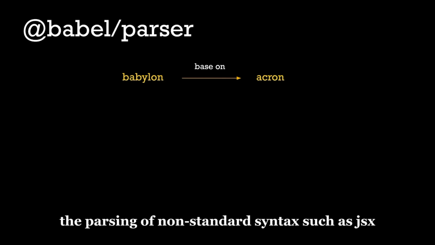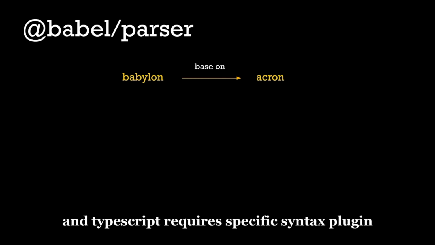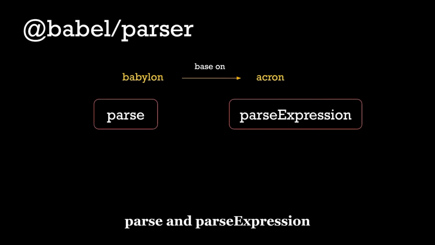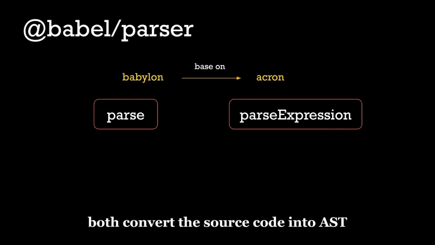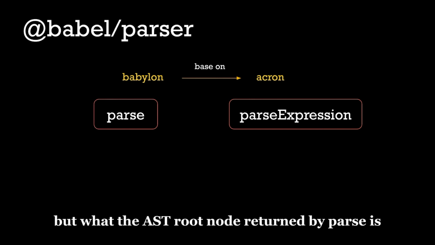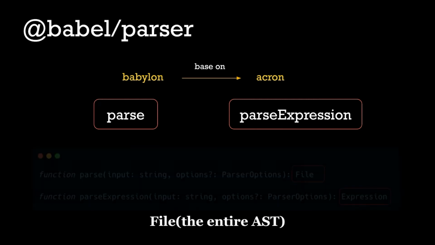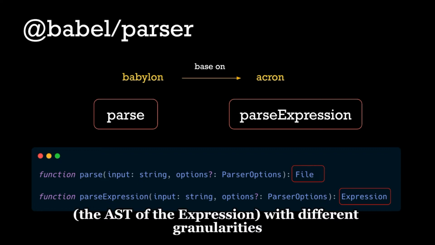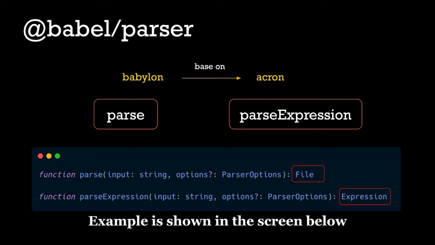The parsing of non-standard syntax such as JSX, Flow, and TypeScript requires a specific syntax plugin, and it provides 2 APIs, parse and parseExpression. Both convert the source code into AST, but the AST root node returned by parse is File, the entire AST, while the AST root node returned by parseExpression is Expression, the AST of the expression, with different granularities. The example is shown on the screen below.